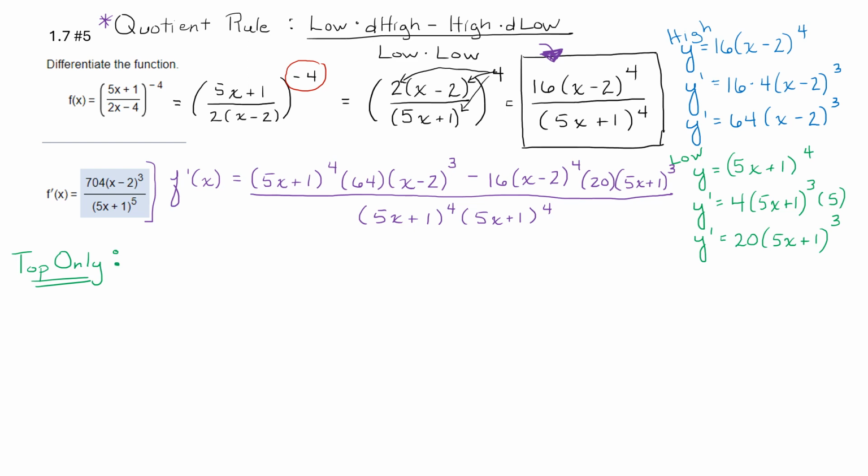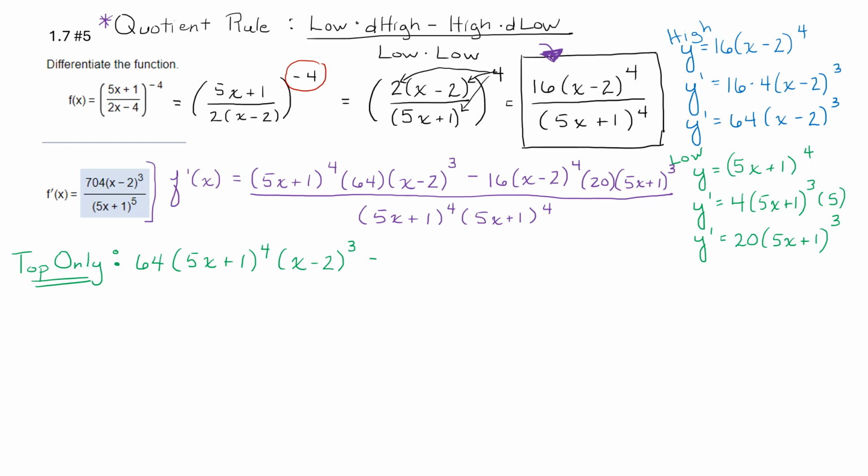So I'm going to take this first set, and it will give me 64 times (5x + 1)^4 times (x - 2)^3. The only reason I did that is because traditionally we put constants to the front, so I just reordered that.